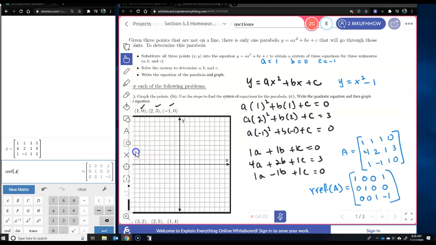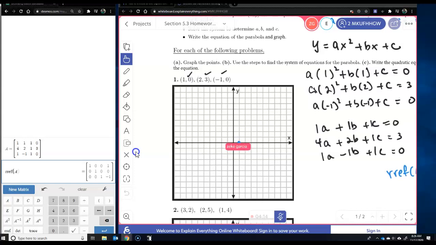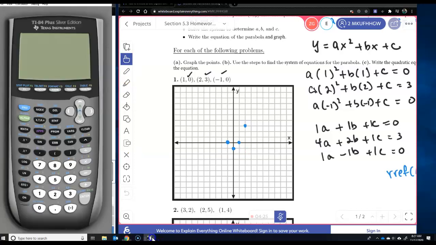So now we're going to graph this. You have (1, 0), (2, 3), and (-1, 0), and (0, -1). In fact, I'm going to use my calculator here. We have y equals x squared minus 1.